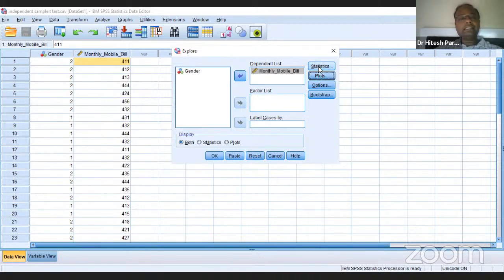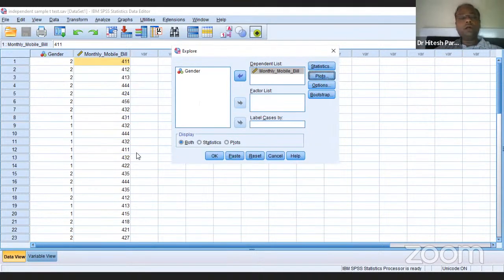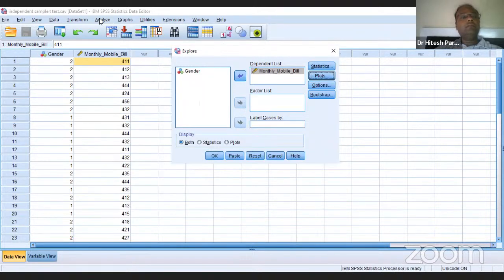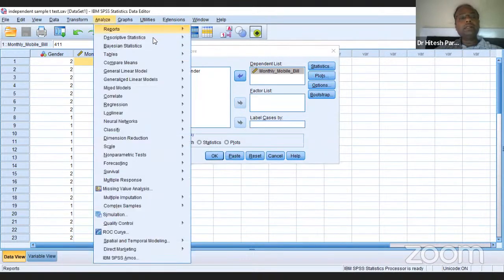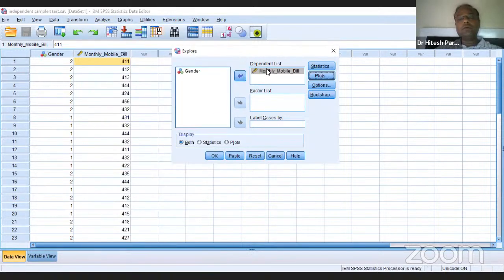In statistics, we need to give a tick mark to outliers, and in plots, a tick mark to histogram and normality plot with test. Right? We need to click analyze, descriptive statistics, and explore. After clicking explore, this dialog box will appear. Transfer monthly mobile bill to the dependent list.